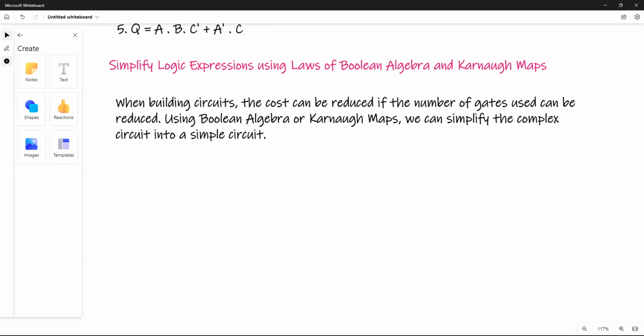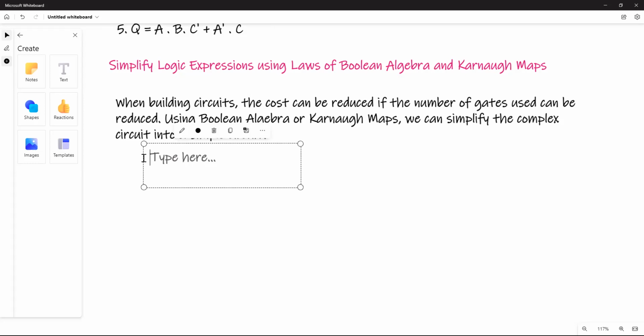There are some advantages of this. Let's discuss the advantages. There are a couple of advantages. One thing is the circuit design will be simple, right?